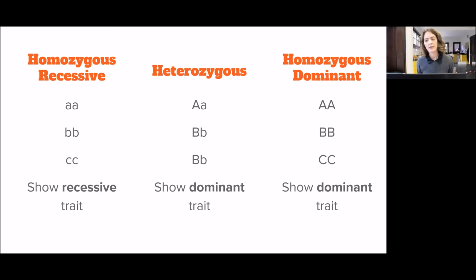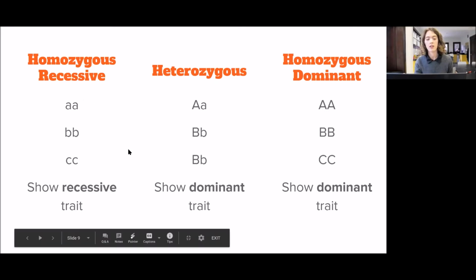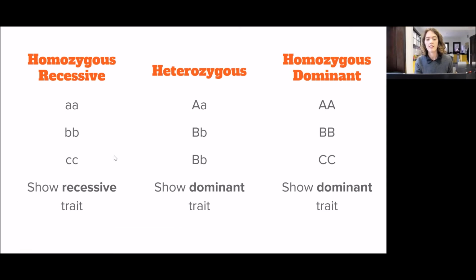For sure, that one's going to be dominant because there isn't even a recessive allele in the mix anywhere. It'll show the dominant trait. So again, the only way to see the recessive form of the trait in the individual is to have 2 recessive alleles. That's also known as homozygous recessive. Look at this for a second.